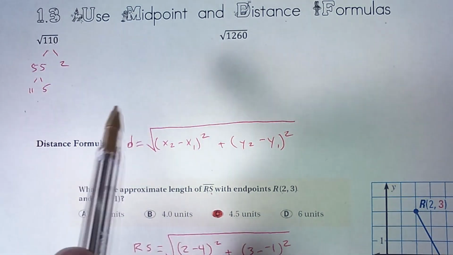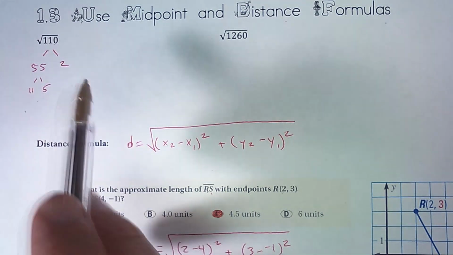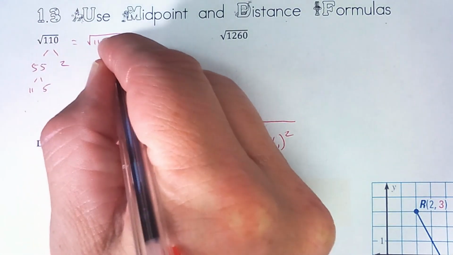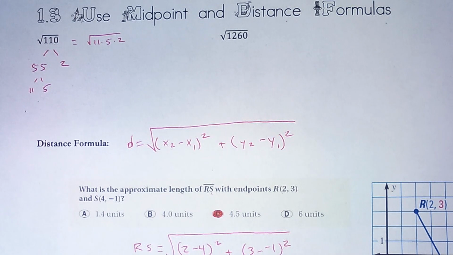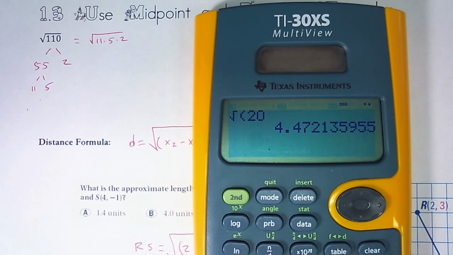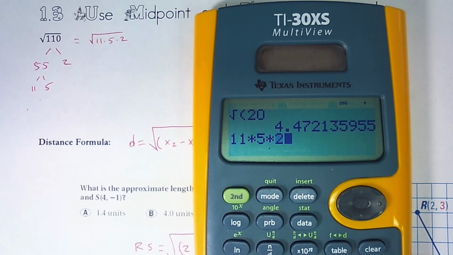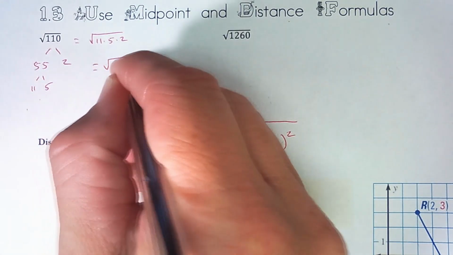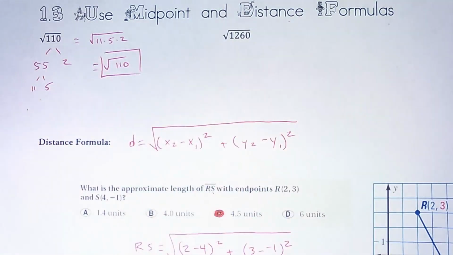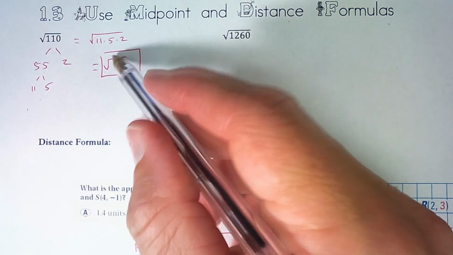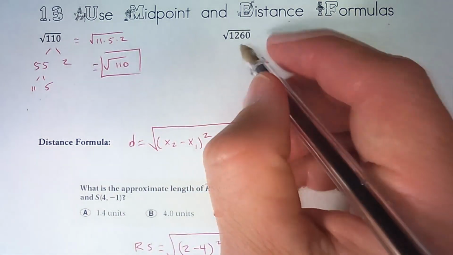Those are my prime factors. Nothing comes in pairs. That means that all three of those, 11, 5, and 2, stay inside. And when I multiply 11 times 5 times 2, I get 110. So it looks like the square root of 110 actually does not simplify at all. Okay, so sometimes a square root is its own simplest form.